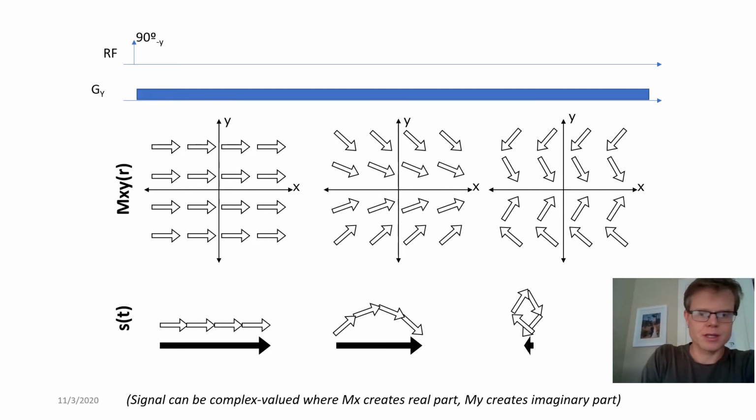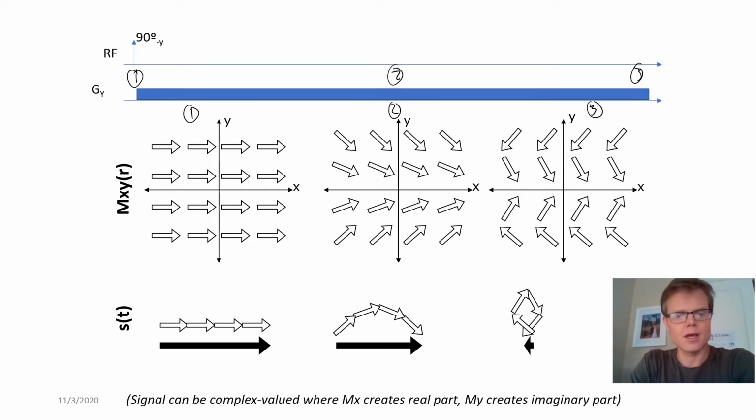Okay, so in this illustration here, we have some time 1, time 2, time 3, and here I'm illustrating the accumulation of phase of the transverse magnetization due to the magnetic field gradients.